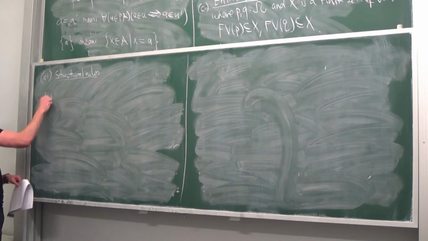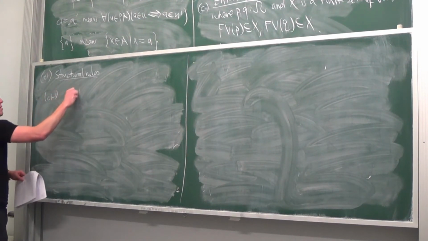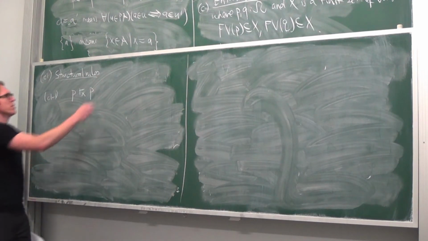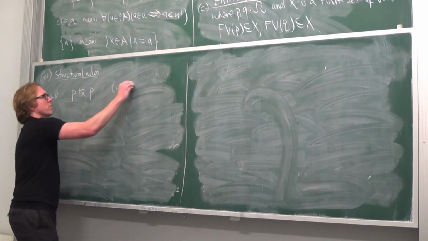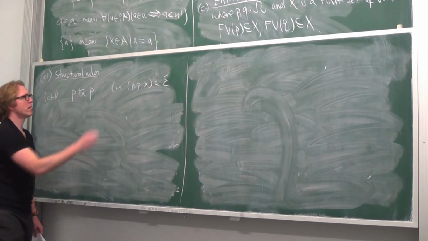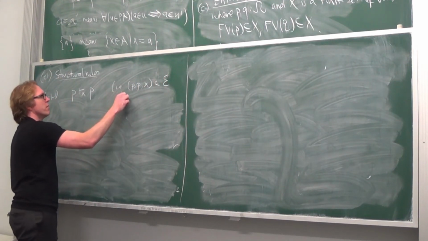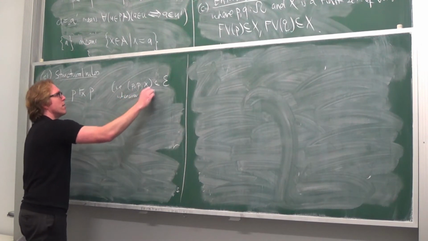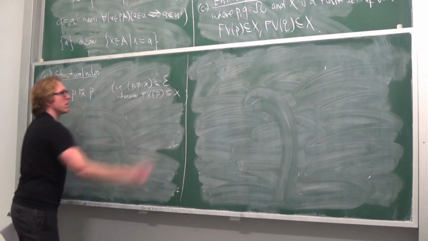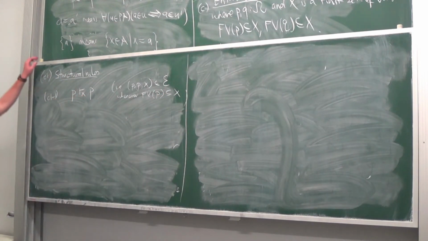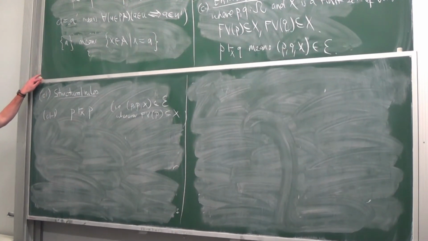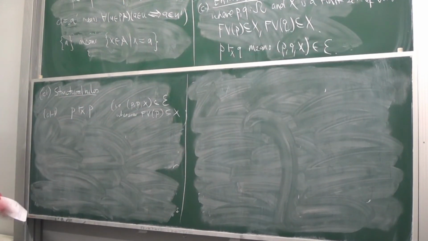So C11 is just the axiom rule, which is to say that P, P, X is in E whenever this makes sense, that is, whenever P is a term of type omega and its free variable set is contained in X. Okay.